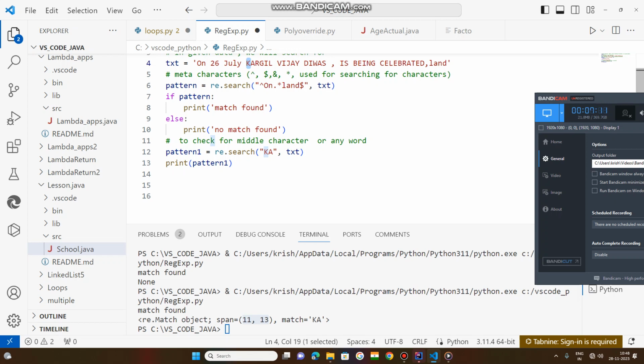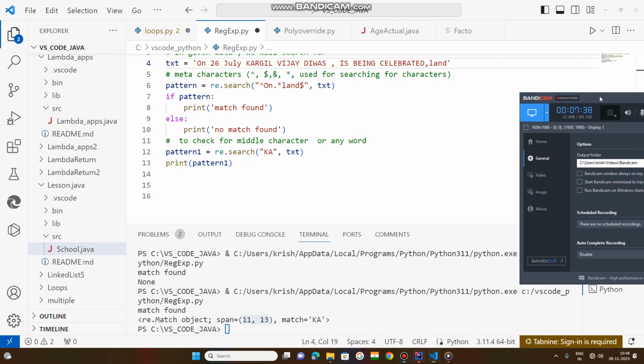Then 13, KA, Kargil. 11 to 13, 11, 12, 13. This white space is 10, 11, 12. Span, you need to understand this.